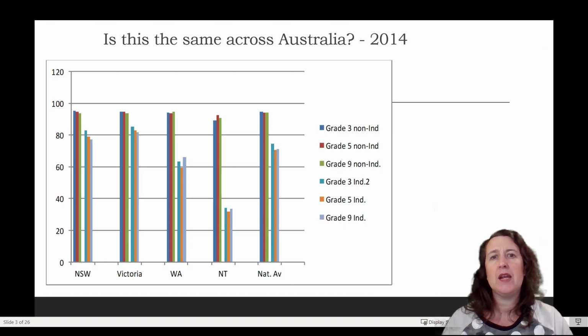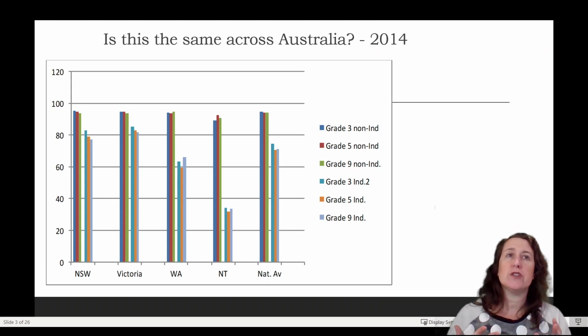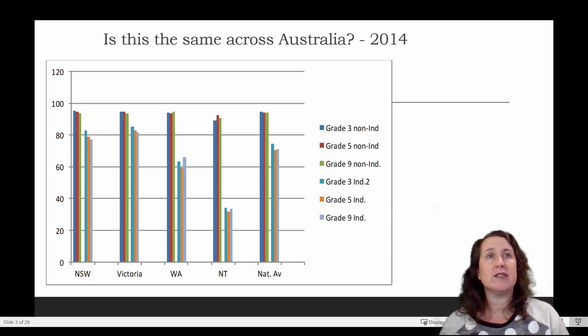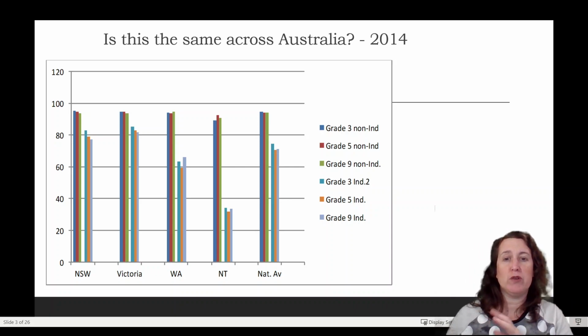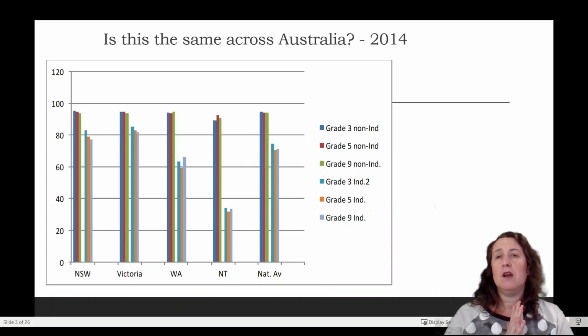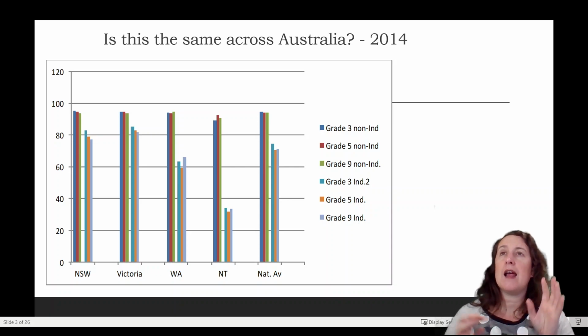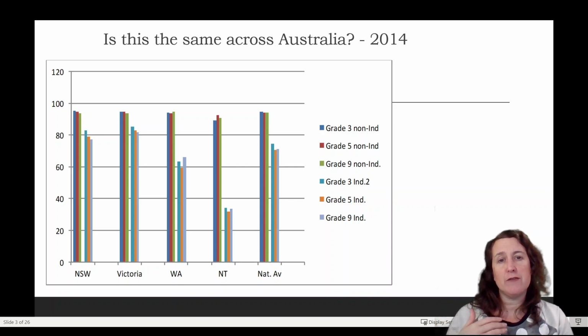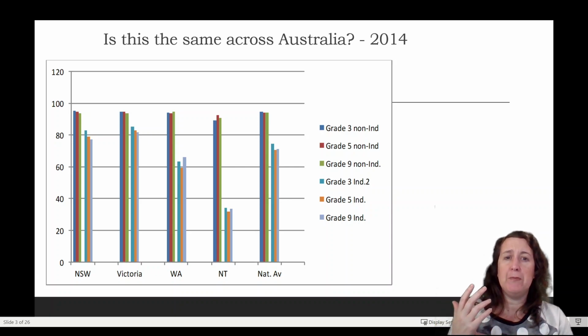Now, is this result uniform across Australia, or are we going to see slight differences in achievement when we drill down to various locations? This graph in front of us gives us a bit of data on this, and we're looking at national minimum standards of students in grades 3, 5, 9 in 2014.